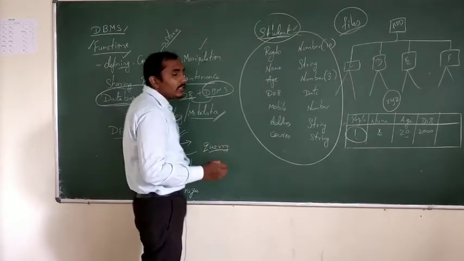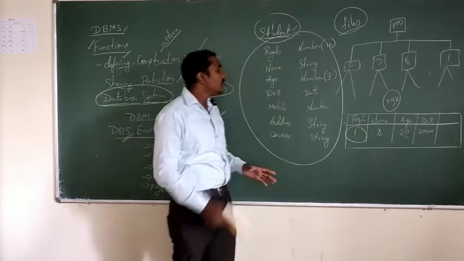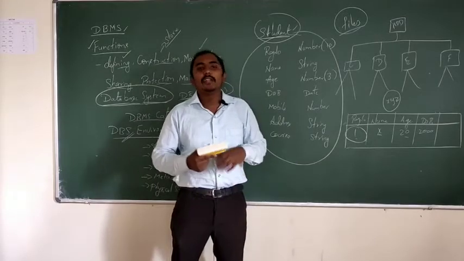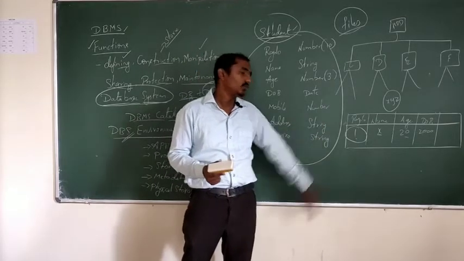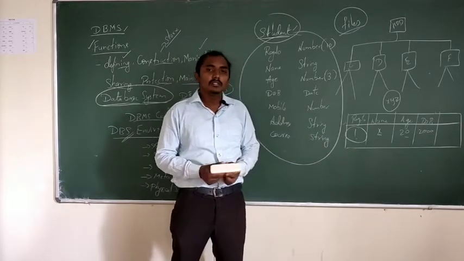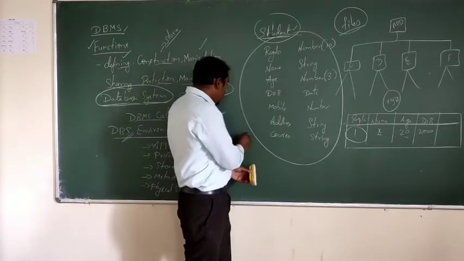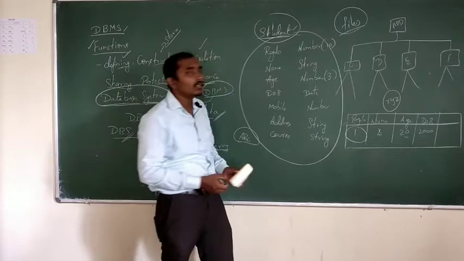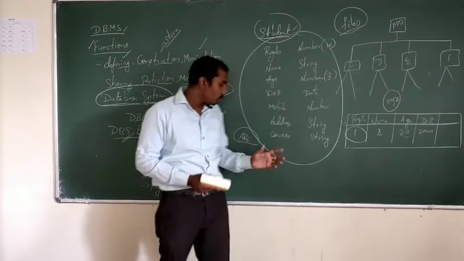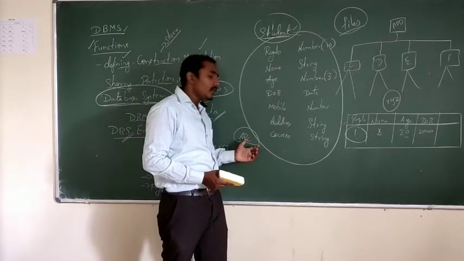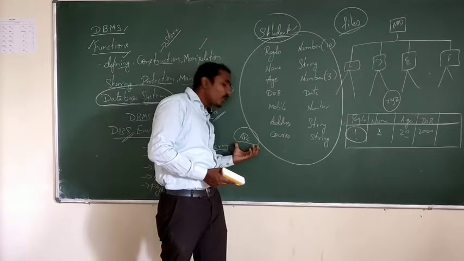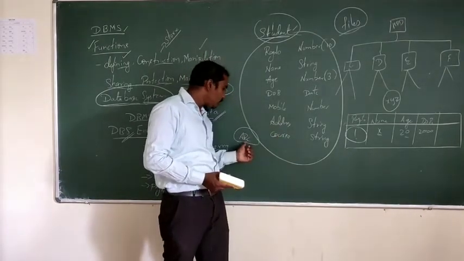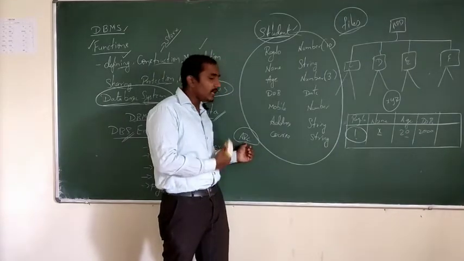So when I say query processor, that is nothing but I have a table. In that table I have 200 values. Now I want to search for a student by name ABC. I want to search for the information of the student by name ABC. That is nothing but I am asking a question for the software to search for this particular value, that is ABC.